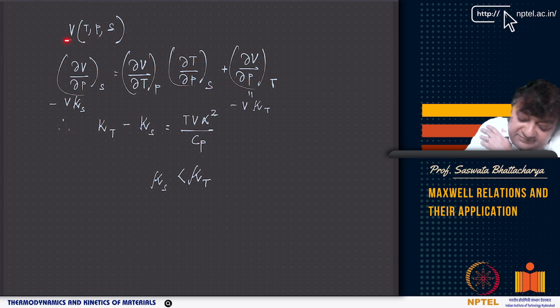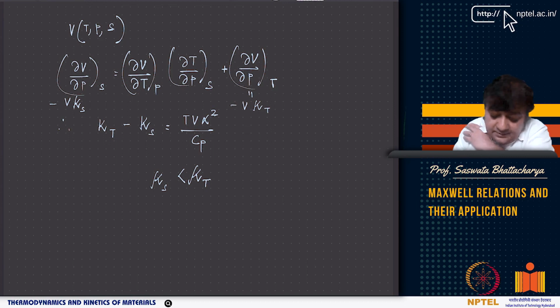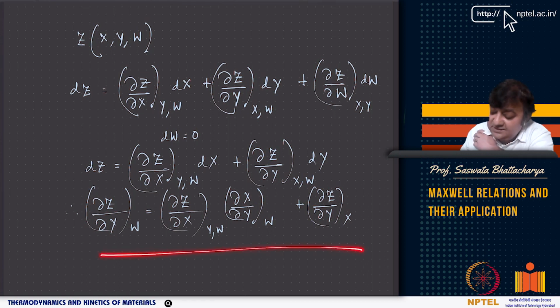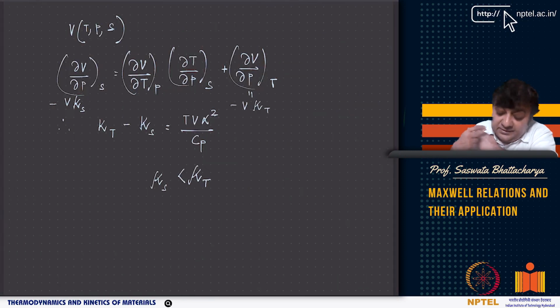Right, we are writing V as a function of temperature, pressure and entropy, and we are now saying isentropic, that means entropy is fixed. So I am going to directly use this relation. Here W is fixed, so instead of W here we are talking about S fixed. So if I use this, now you have del V del P at S equals del V del T at P times del T del P at S plus del V del P at T.